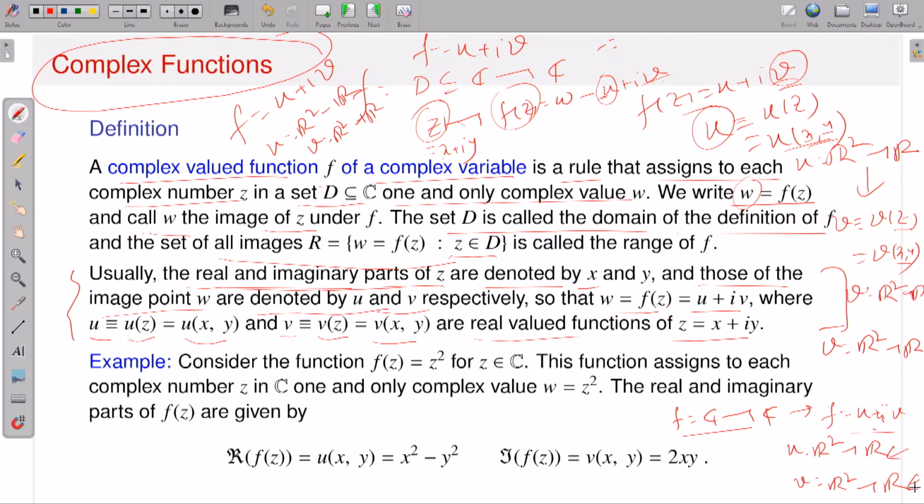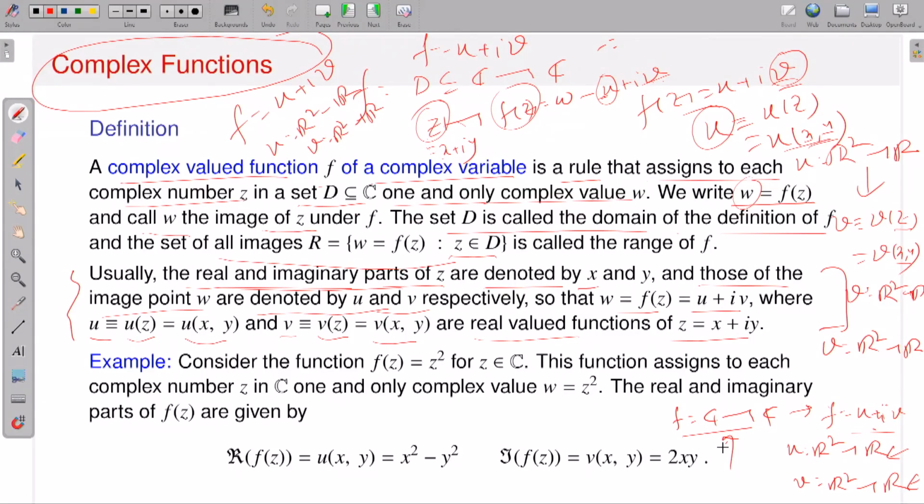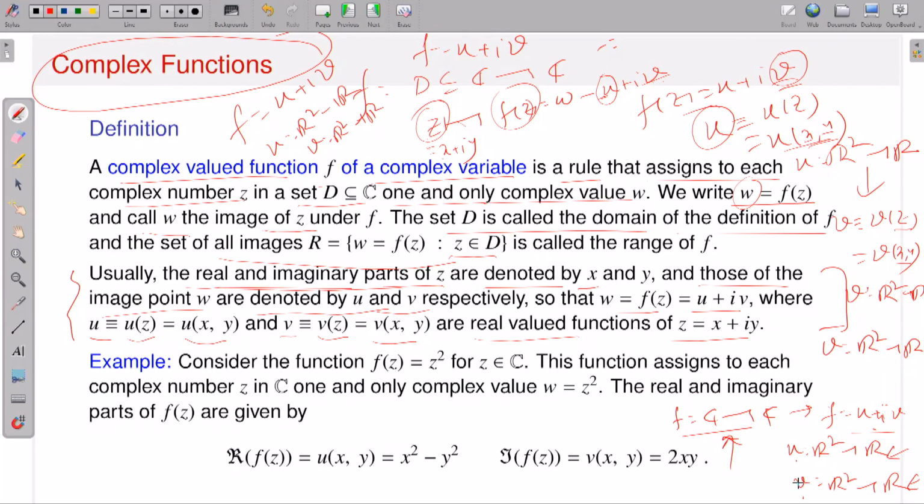Now the question is, when I discuss limit, continuity, differentiability, is there any connection? That means whether the existence of the limit of f will imply the existence of the limit of u and v and vice versa.